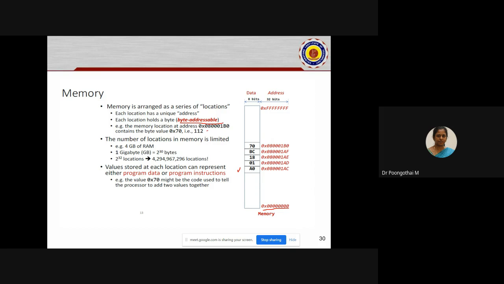In this example, at 800AD we have data 01, and at 1B0 we have 70, which in hexadecimal representation is 112 in decimal. The memory size is 4 GB, so it is capable of addressing 2 power 32 memory locations. The entire region is divided into program memory, data memory, peripheral memory, and debugging memory.